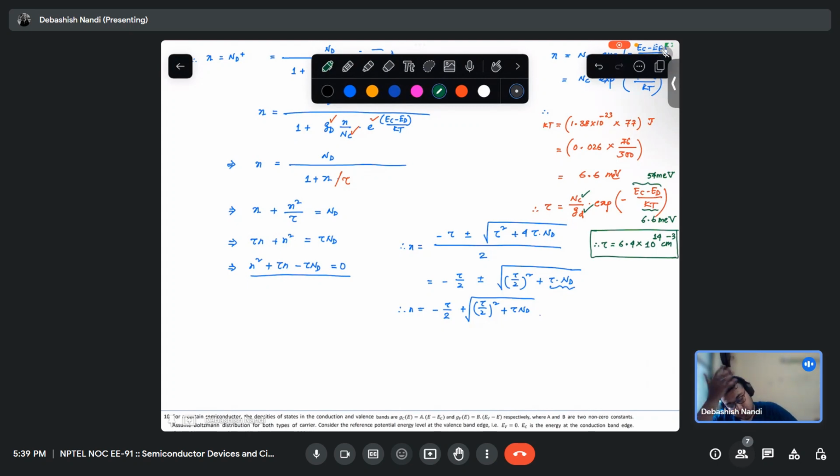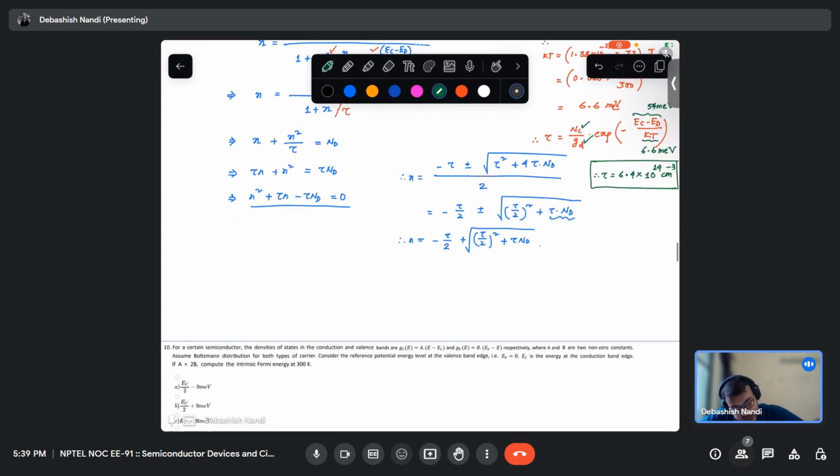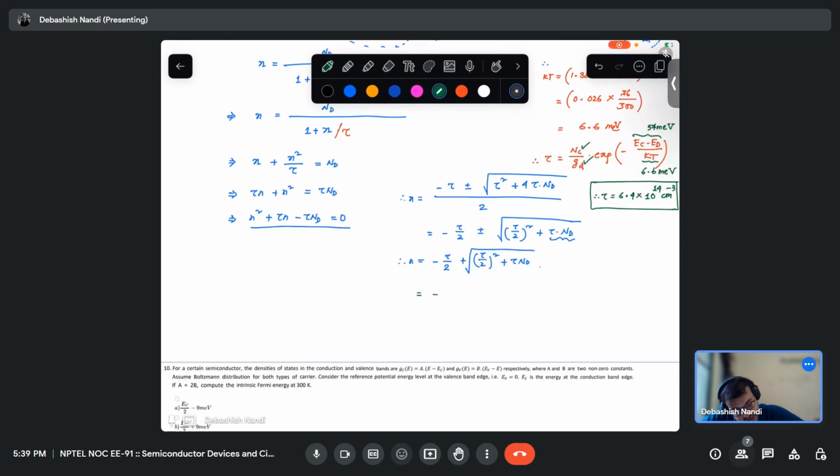So now if you put this quantity into this equation, 6.4 into 10 raised to 14 over 2, plus 6.4 into 10 raised to 14 by 2 whole square, plus what is your tau? Tau is your 6.4 into 10 raised to 14.